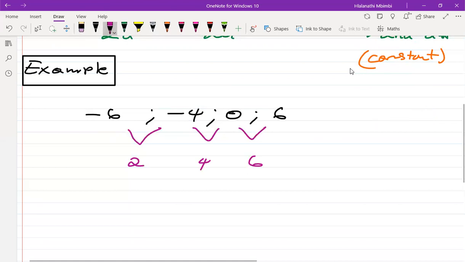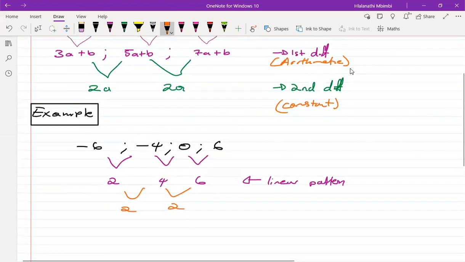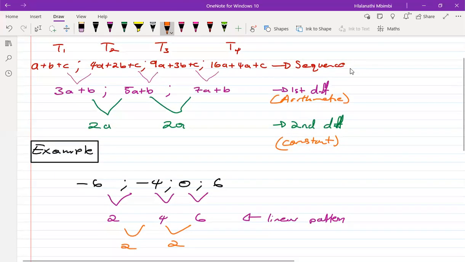Can you see, guys, that this is actually a linear pattern? This is our first difference, and it's a linear pattern. And then our difference from here is going to be a 2, and this is going to be a 2. Are we happy? Yes, sir.